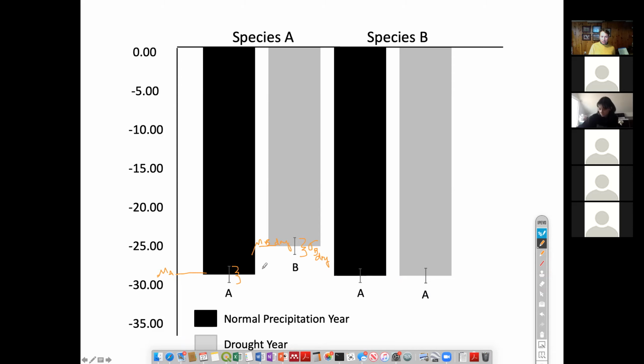And essentially what the t-test is doing is comparing, very roughly, the difference between these two means and taking into account this sigma.